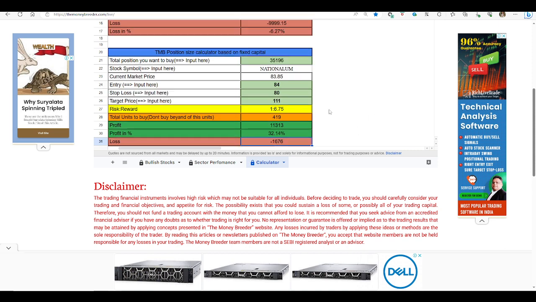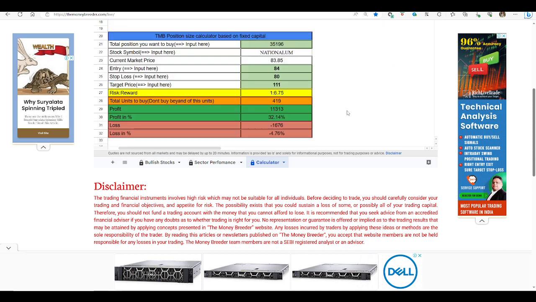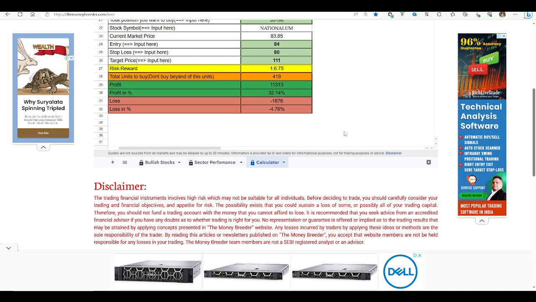How much risk we are adding is important. Already in the existing position we have 10,000 risk. But now we are taking additional risk of 16.76 percent, which is 1676 rupees. This much percentage of risk we are adding.